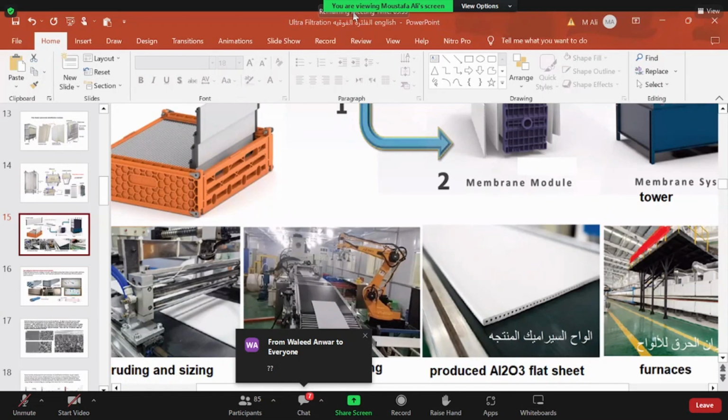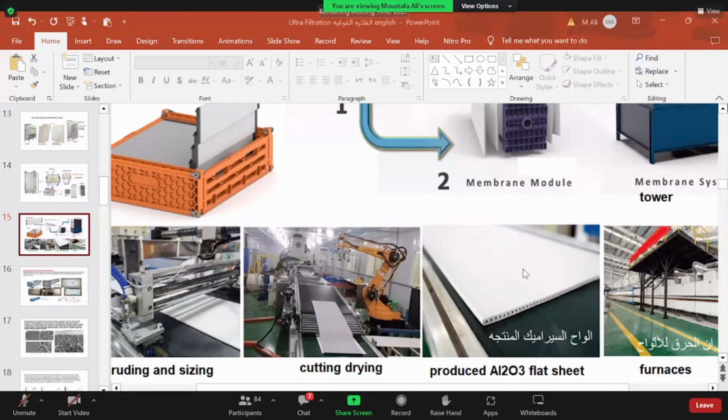I'm reading your question and I will answer it when I finish this point, to highlight it and not come back to it again. Okay, so the manufacturing process of silicon carbide ceramic membranes takes place in a closed furnace filled with argon gas.